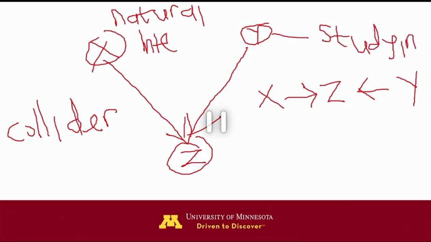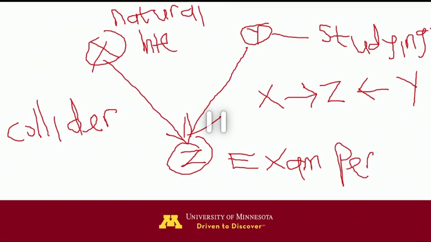And let me call Z exam performance. Please pay attention. Do you know that you can pass your exam if you have natural intelligence? You can also pass your exam if you study hard. Does that make sense? It's not only a one-way situation here.